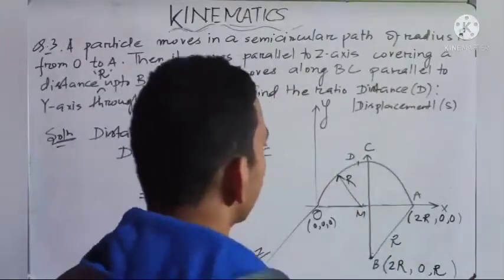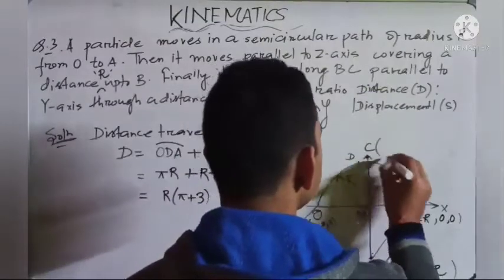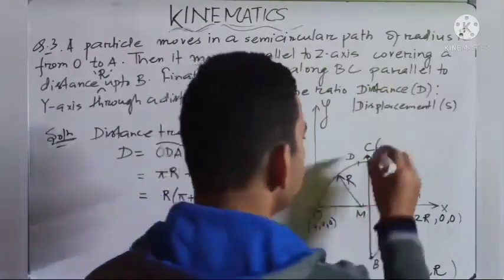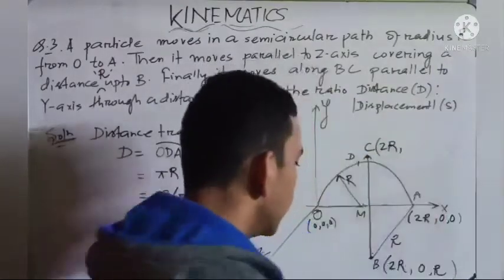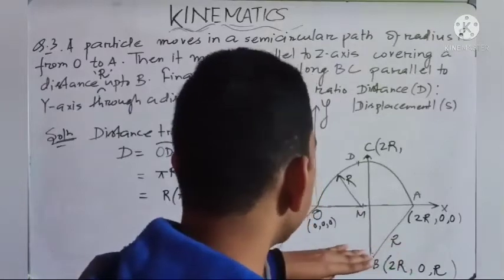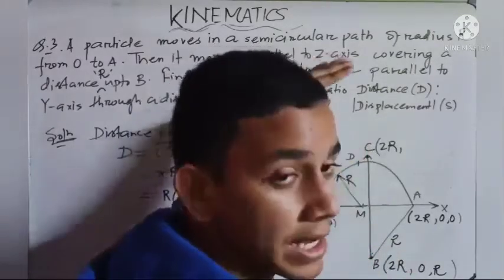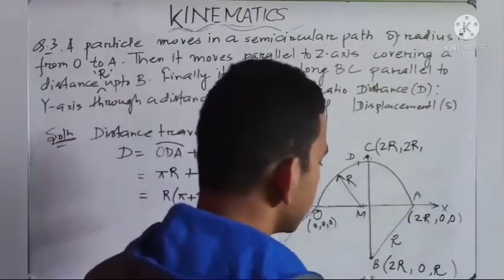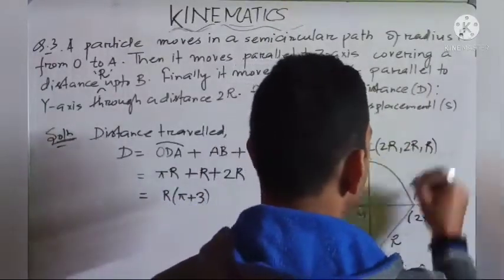Now let's write the coordinates of point C. The x coordinate of B and C is going to be same, which is 2r. The y coordinate is going to be 2r because from this xz plane it has moved a distance 2r along y axis. And the z coordinate of this point will be same as this point, which is r.